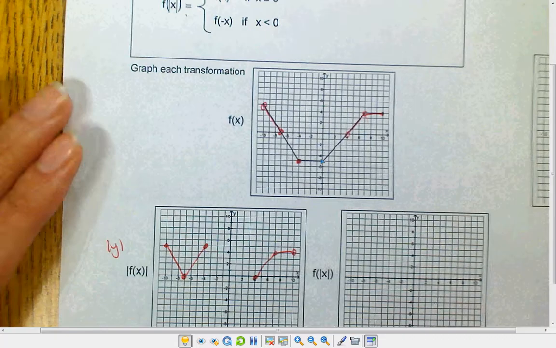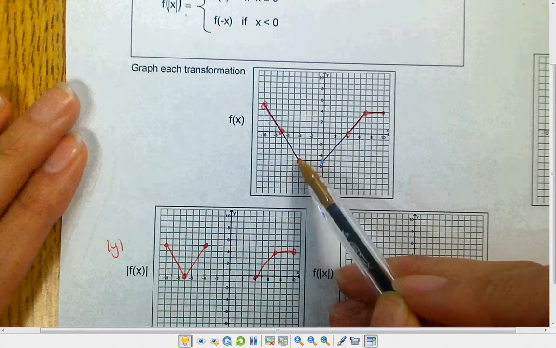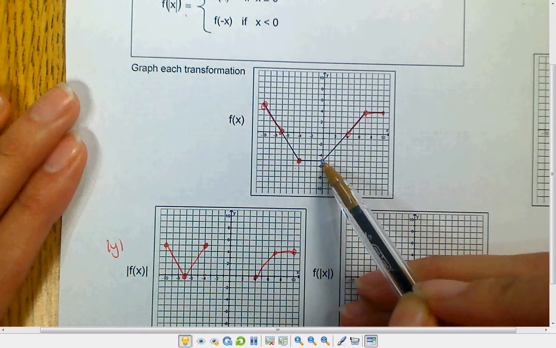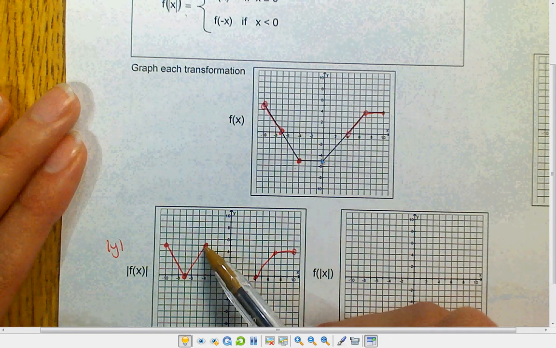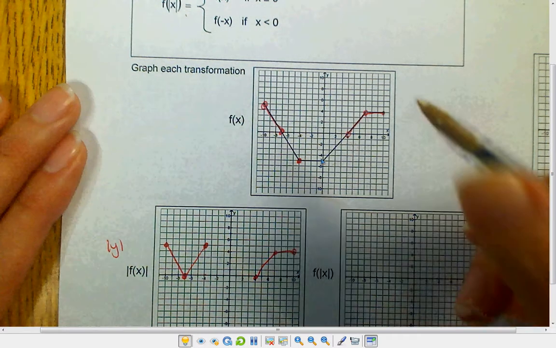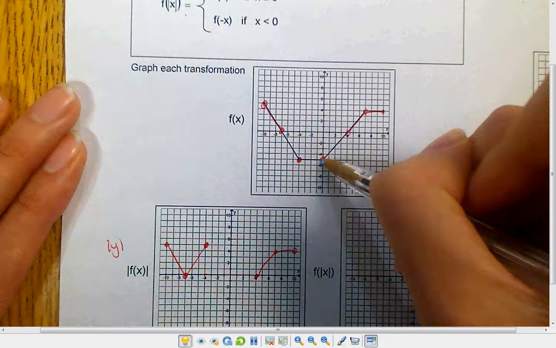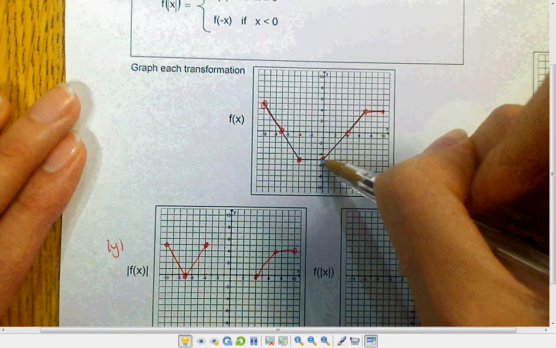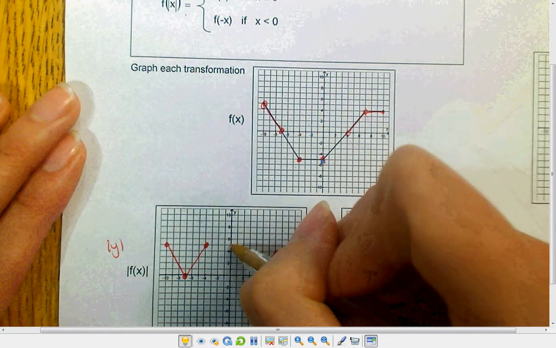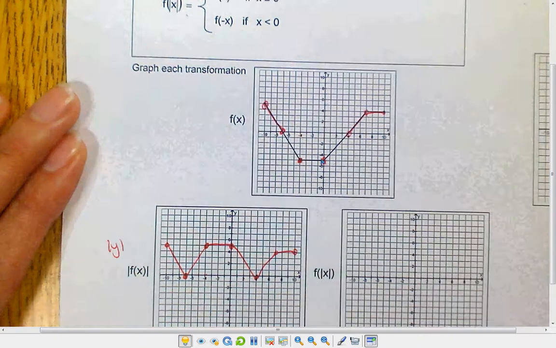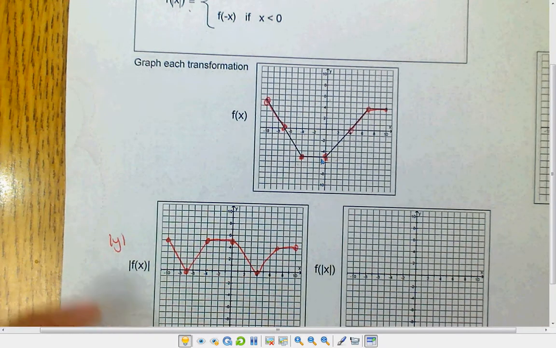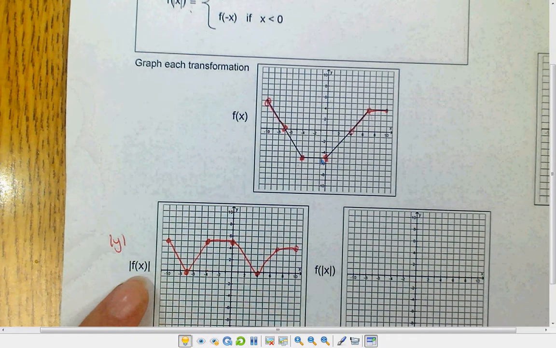I'm going to connect those dots. Before it was negative 4, negative 5, and now it's going to be up at negative 4, positive 5, because my y value has become positive. Same thing for this next important point right here. Before it was 0, negative 5, and it's going to become 0, positive 5. Again, I'm going to connect those points. So this is what my absolute value on the outside of f of x looks like.